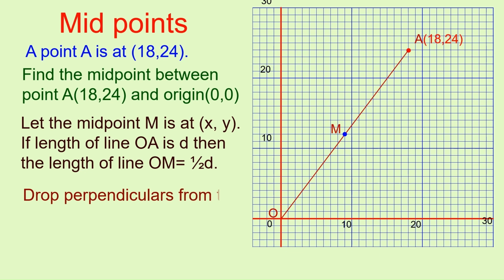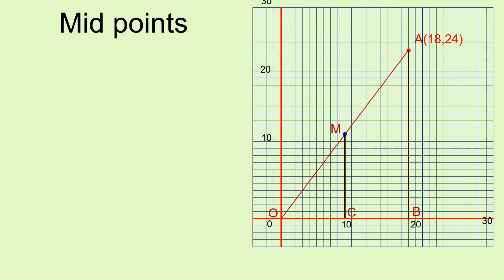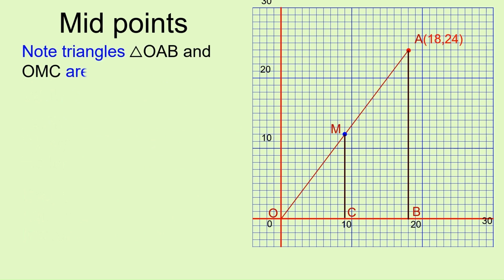Draw perpendiculars from the point A and M on the x-axis, intersecting at B and C. Note triangles OAB and OMC are similar right-angled triangles.